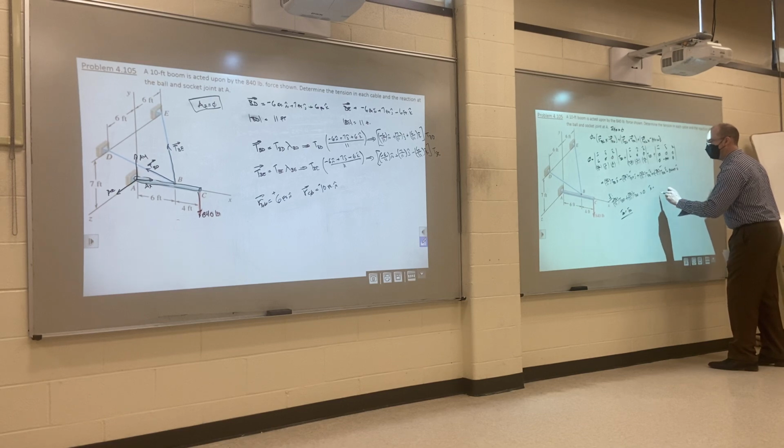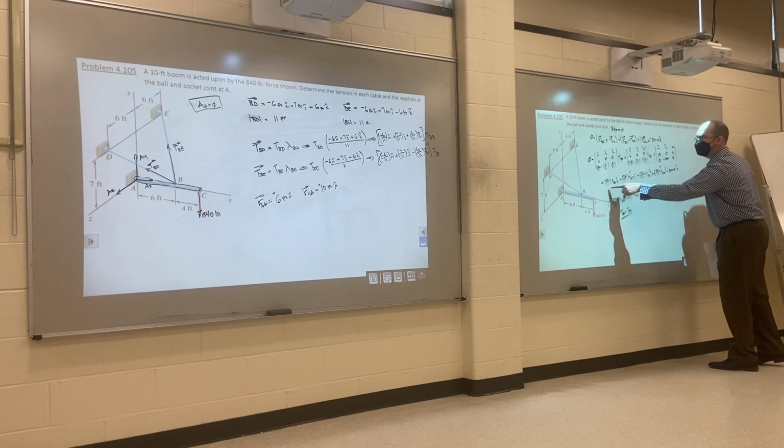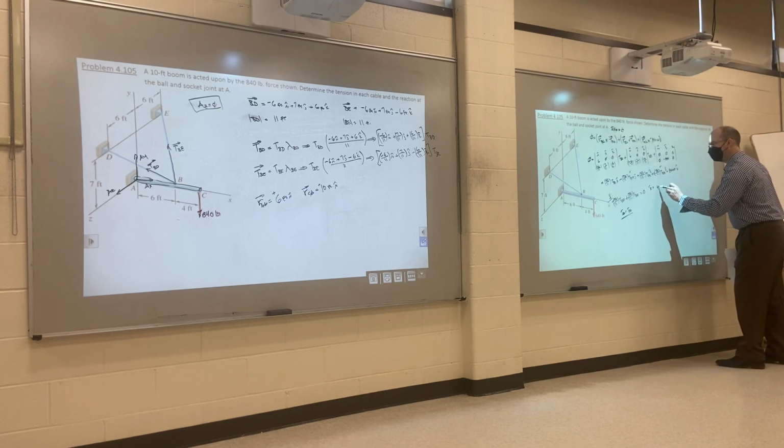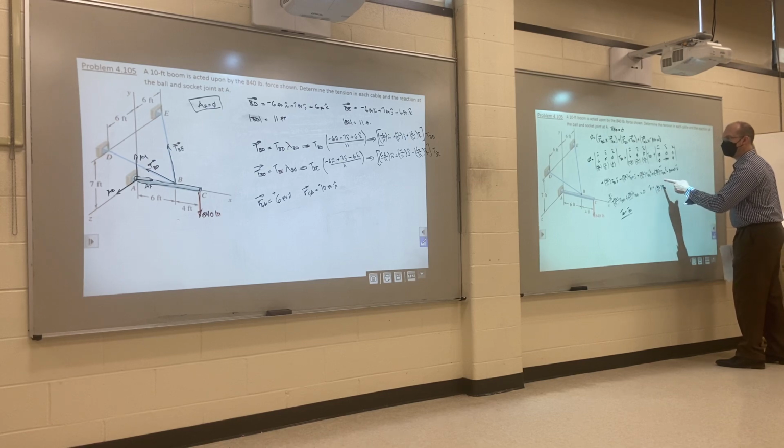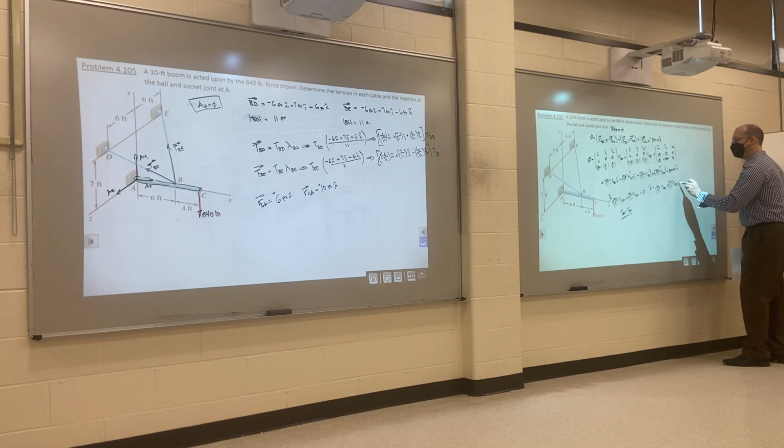Looking at it from the k hat standpoint, we have 42/11 TBD plus 42/11 again TBE minus the 8,400 k, and we set all of that equal to 0.